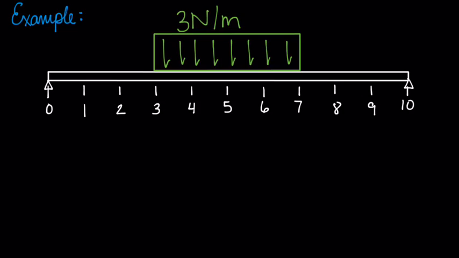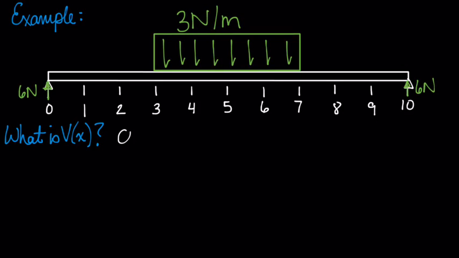Further, imagine an evenly distributed load in the center of the beam, like a pile of sand. And so we have 3 newtons per meter distributed over the center 4 meters of this beam. Now that puts a total load of 12 newtons on this beam, and this is a statics problem. So what that means is there has to be an upward force of 6 newtons coming from each of the 2 pivots.